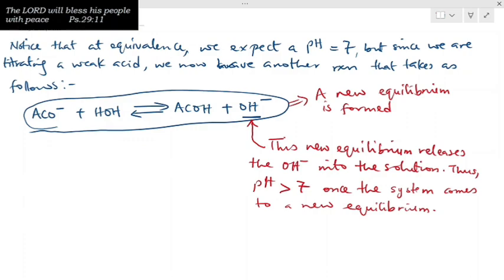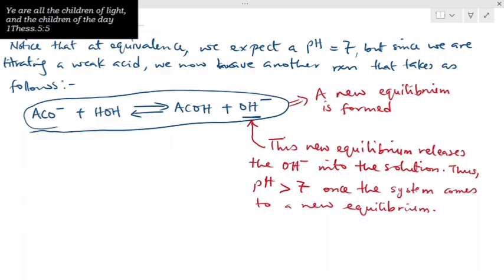So when a weak acid is titrated with a strong base, all of the acid is eventually converted to acetate, using acetic acid as our weak acid example. Now you would think that the pH will be 7, and for a microsecond it is 7, but something else happens almost immediately. Since we are titrating a weak acid, another reaction takes place.